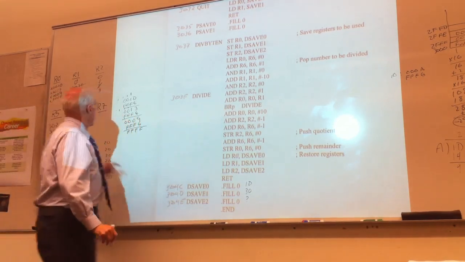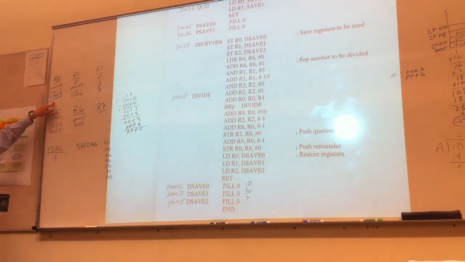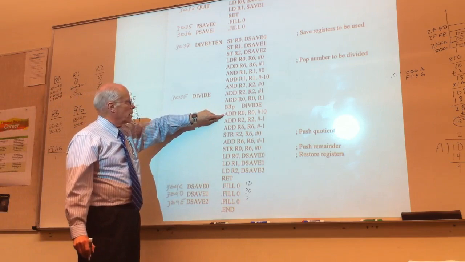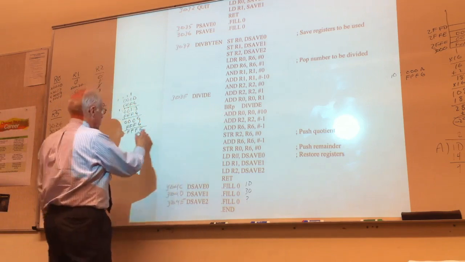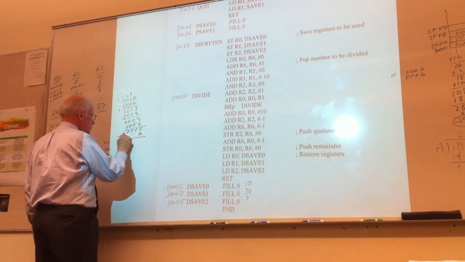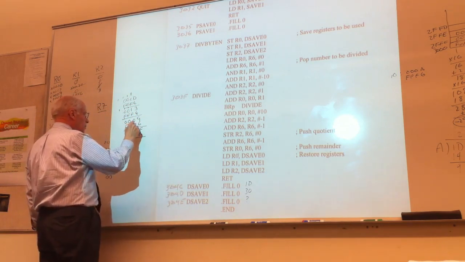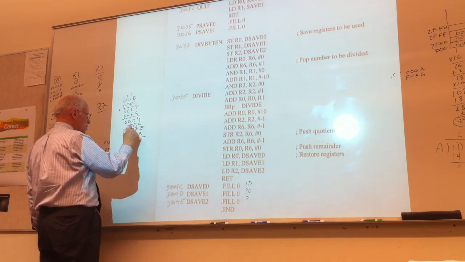But now when I hit the branch, it's not plus, it's negative. So I don't take the branch, I go down here. I add 10 onto register 0. Well, 15 and 10 is 25. Let's see, that's 1 times 16 plus 9.